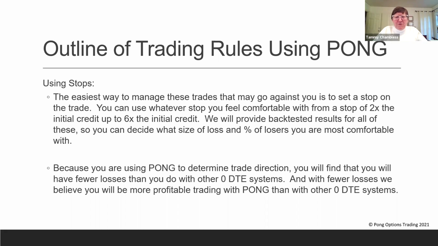You can choose what risk you're most comfortable with. You can trade this how you want. We're not limiting that, but we're giving you some recommendations based on our backtesting. And it may give you some insights that you haven't had before.